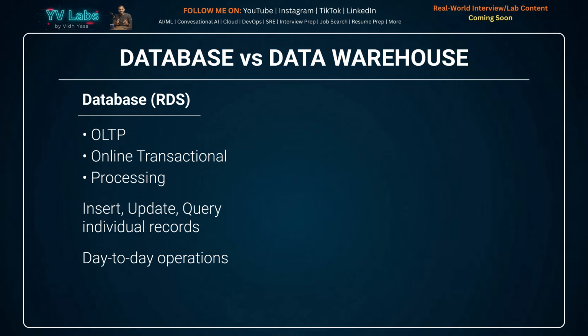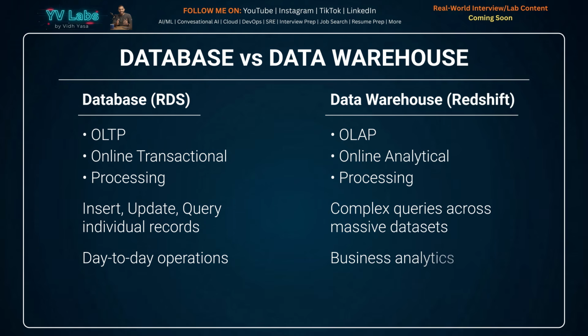Databases like RDS are optimized for transactions, inserting, updating, querying individual records. That's called OLTP, online transactional processing. Data warehouses like Redshift are optimized for analytics, running complex queries across massive datasets. That's called OLAP, Online Analytical Processing.